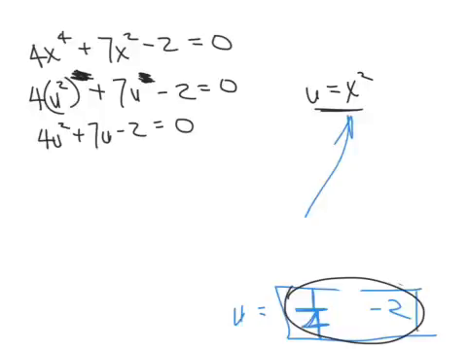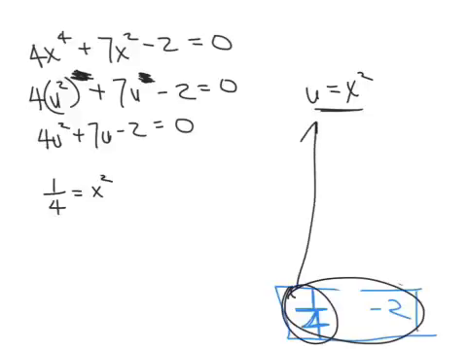So instead of u equals x squared, we could write 1/4 equals x squared, right? Because 1/4 is u, and we said u equals x squared. Take the square root of both sides, and we get 1/2 plus or minus 1/2 equals x.